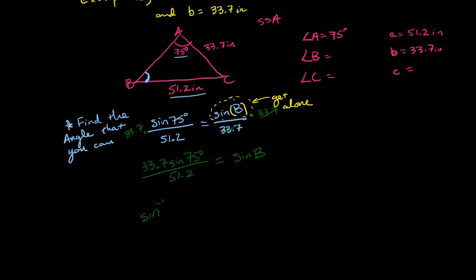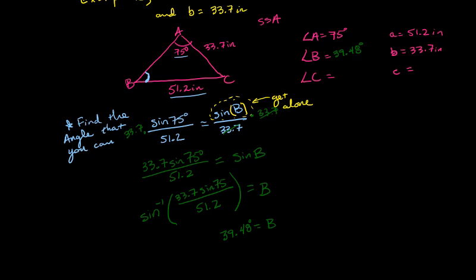So the inverse sine of 33.7 times the sine of 75 over 51.2 is going to equal B. That is how we're going to find B. Make sure your calculator is in degrees, and once you have that, you can put that whole thing into your calculator, and B should equal roughly 39.48 degrees.